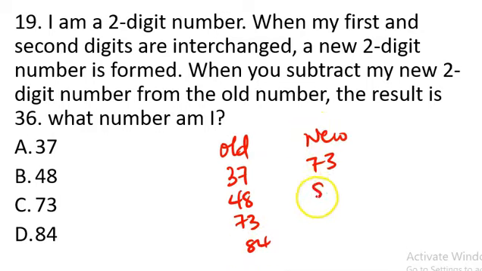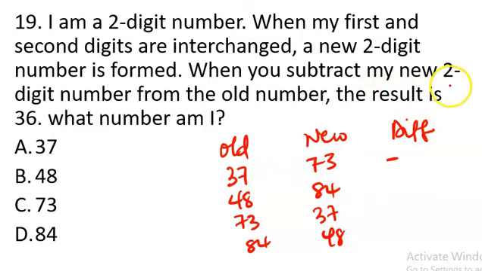The new ones are 73, 84, 37, 48. Now, when you subtract the new from the old, that will be the difference. 37 minus 73, you get minus 36. And this one too, you get minus 36.